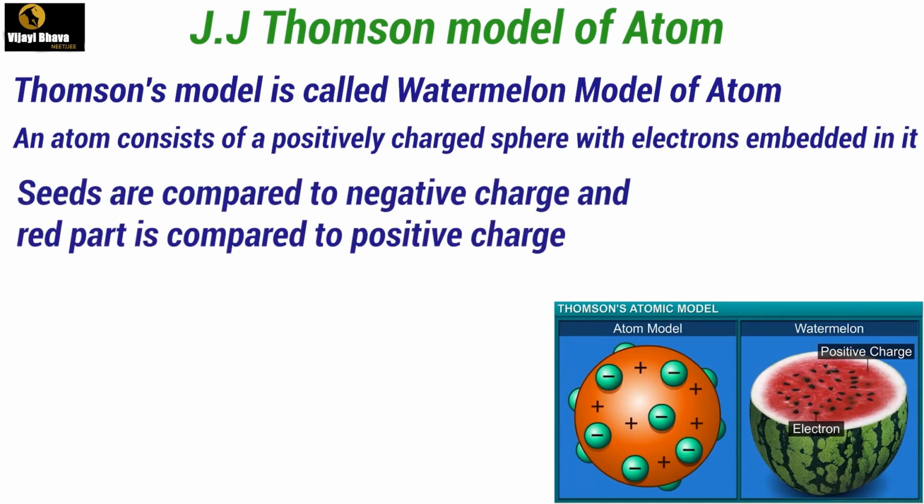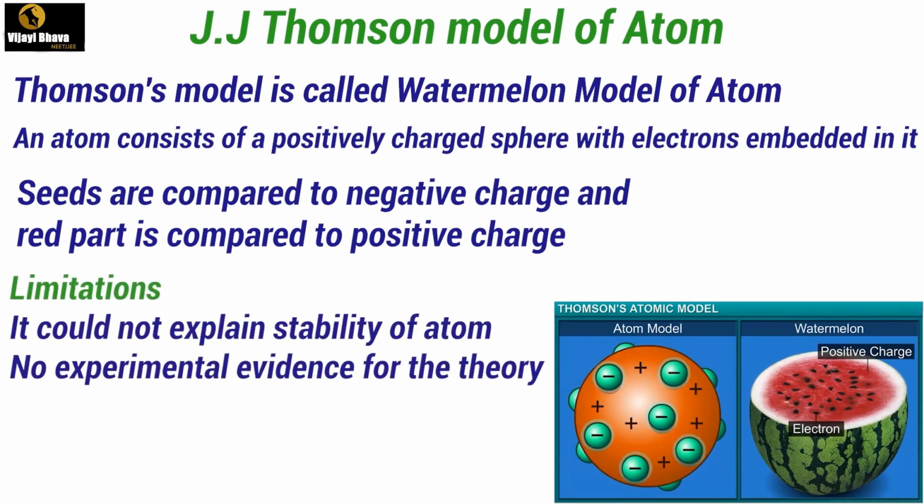The seeds in the watermelon are compared to the negatively charged particles and the red part in the watermelon is compared to the positive charge. The limitation of this theory is it could not explain the stability of the atom.